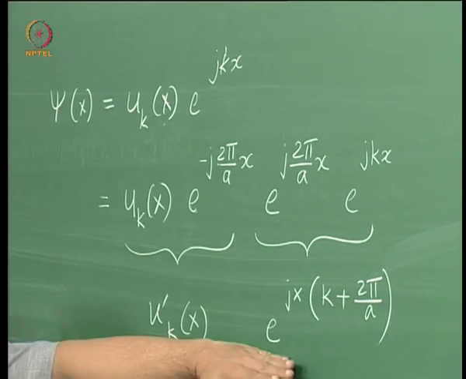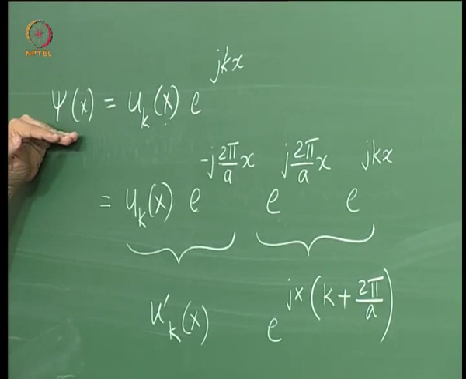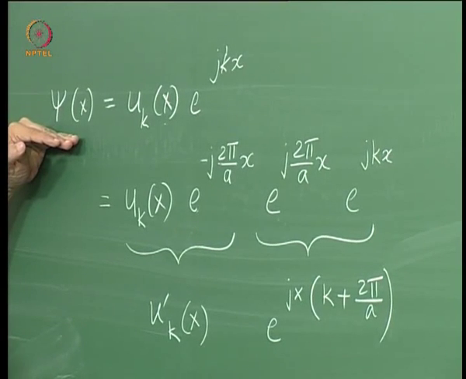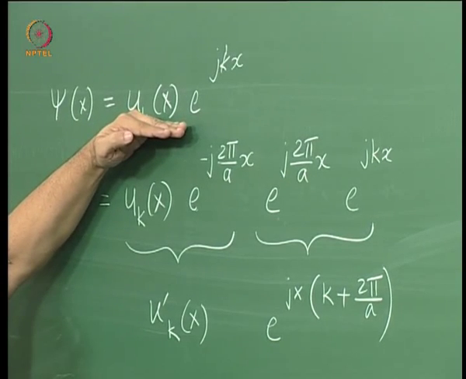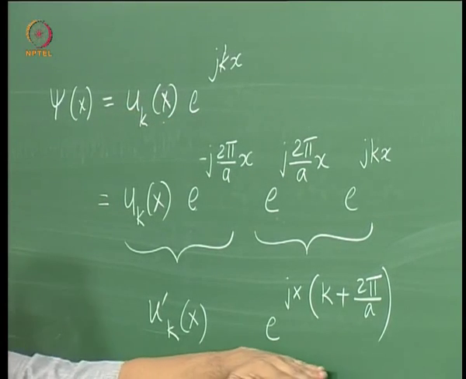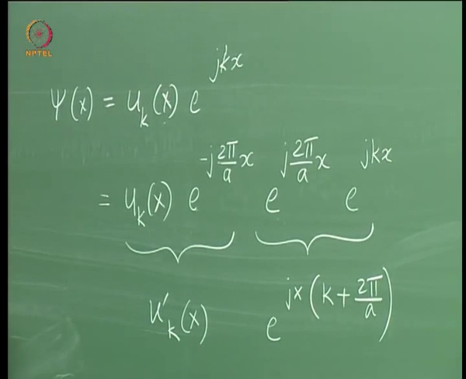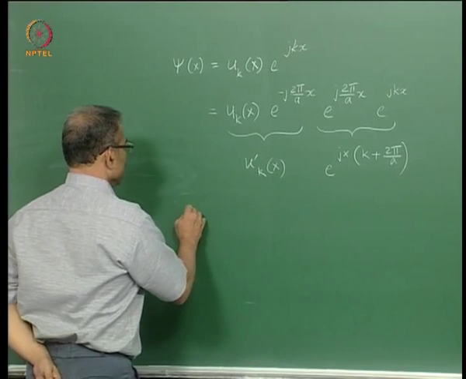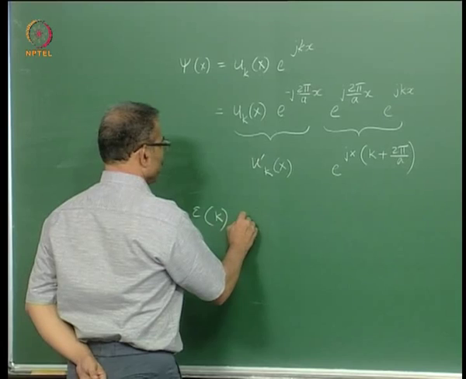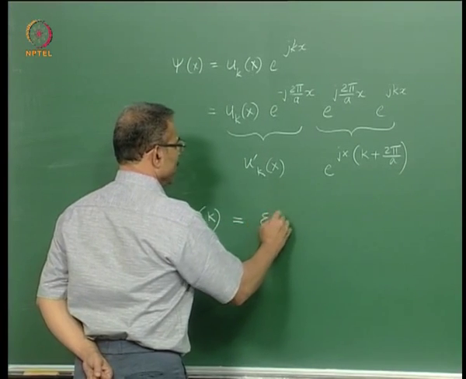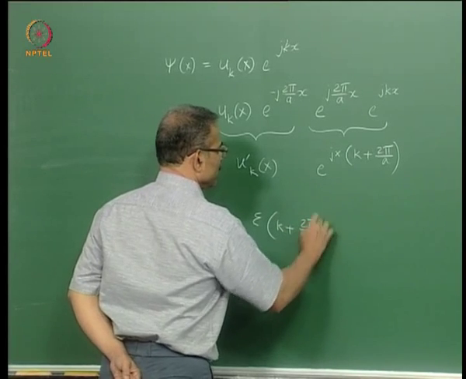Now, this new form of the function is also psi of x. This means that the energy that is represented by this function and the energy that is represented by this wave function, both the energies must be same, and therefore we can write the energy which is a function of k should be the same if the k is replaced by k plus 2 pi by a.